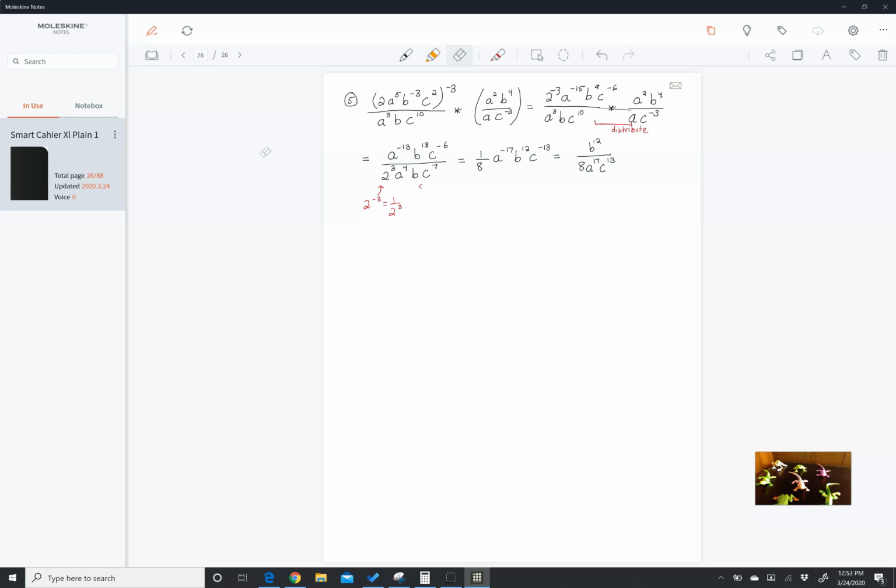We also combined horizontally. This 1 over 8 came from the 1 over 2 cubed. Okay, we just pulled it out to the side. And we also combined vertically. And then here we got rid of negative exponents.